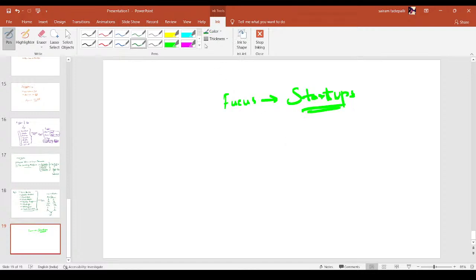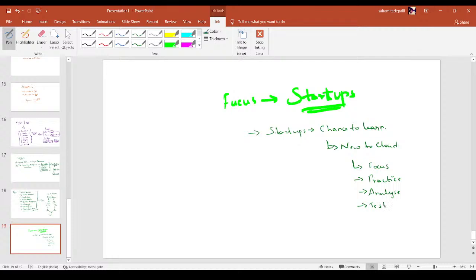Why I'm telling this is, in startups you will get a chance to learn. As you are new to cloud, you need continuous focus: practice, analyze, test, config, everything.